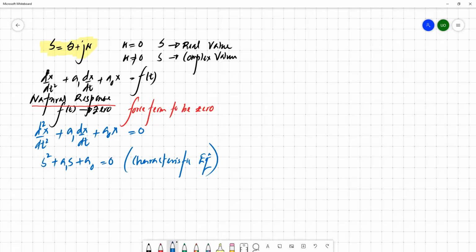So for the first order differential equation, we basically ended up with this kind of response. This exponent term we basically obtain by solving the characteristic equation.